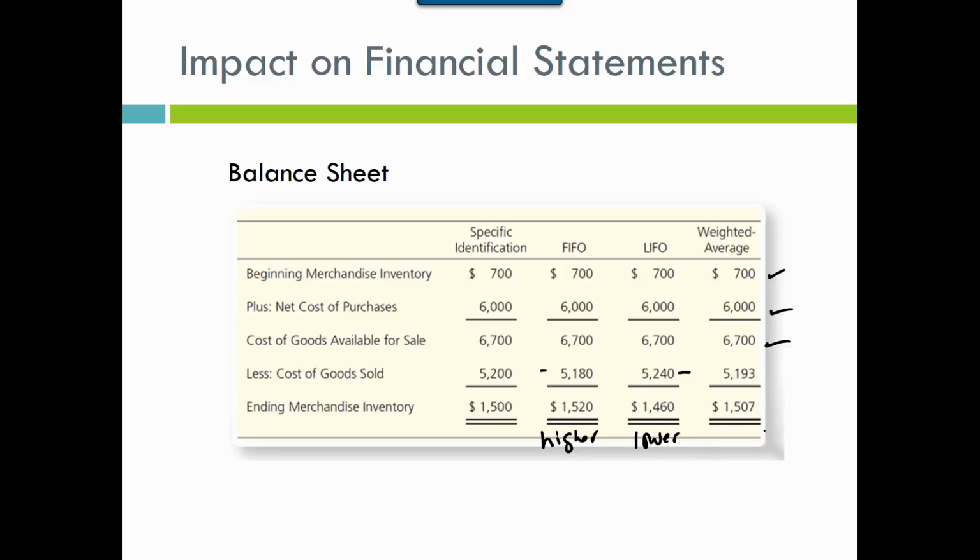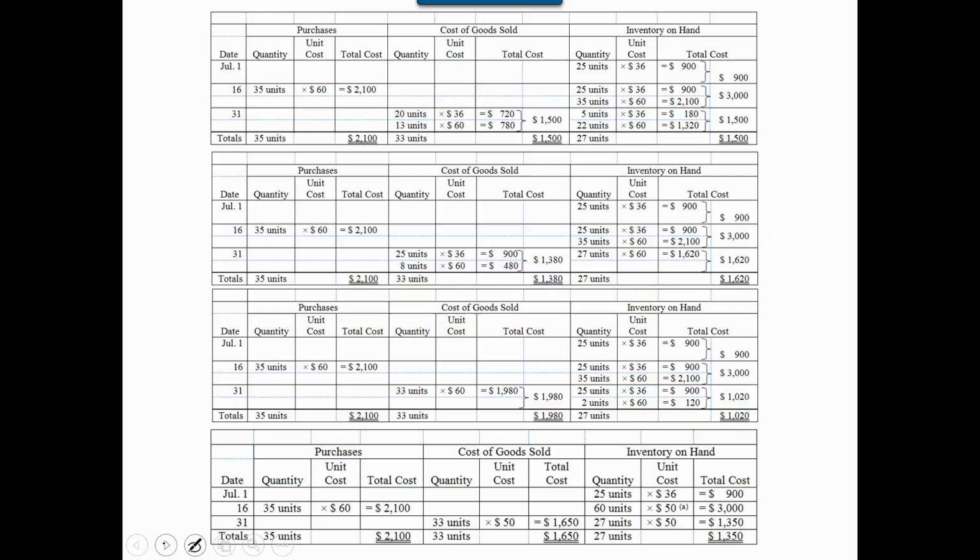And these are the numbers on the balance sheet. And again, the weighted average will always be somewhere in the middle. Specific identification, it really depends which ones you sold. So FIFO is going to make your assets look higher. LIFO is going to save you some money in taxes, but it's going to make your profit and your assets look a little bit lower.